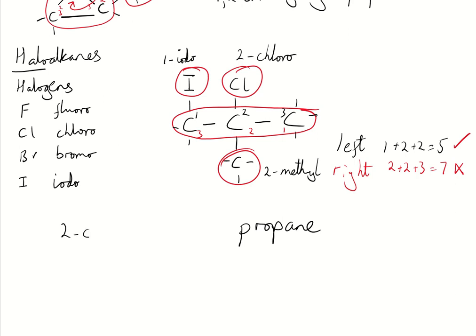So 2 chloro, 1 iodo, and 2 methyl in there. So purely C, I, M. So the methyl is treated exactly the same as the halogens for the branches, and you're just looking at alphabetical. So that's the haloalkanes.